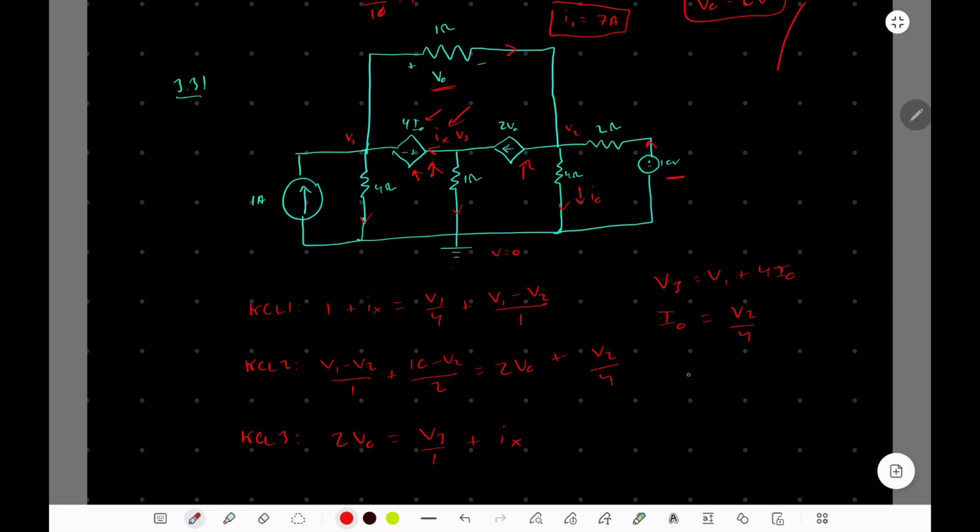And then another equation that we need is one for this dependent current source. We could also say VO is equal to V1 minus V2.